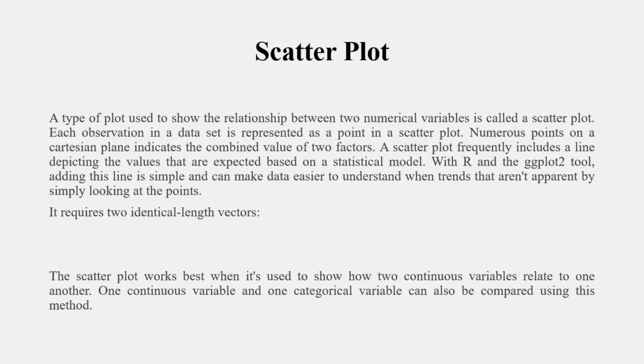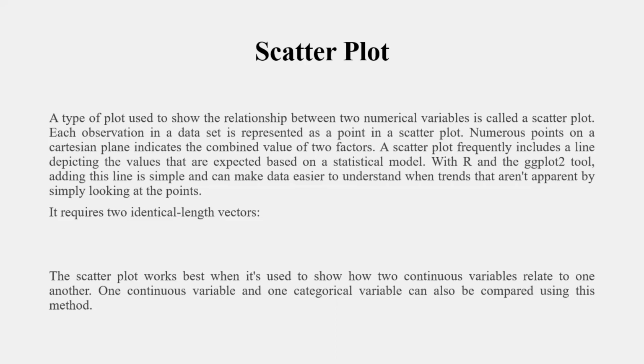A scatter plot frequently includes a line depicting the values that are expected based on a statistical model. With our ggplot tool, adding this line is simple and can make data easier to understand when trends are not apparent by simply looking at the points.